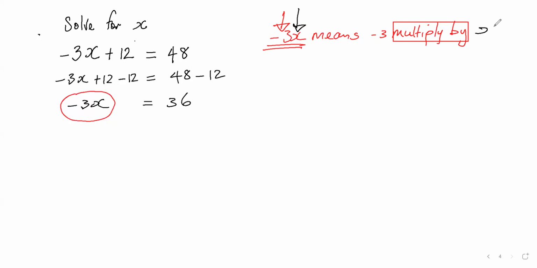By x. So, Gabriel, negative 3x means what? Negative 3 multiplied by x, sir. Beautiful. Analia, what does negative 3x mean? 3 multiplied by x. No, that's not 3. What does negative 3x mean?